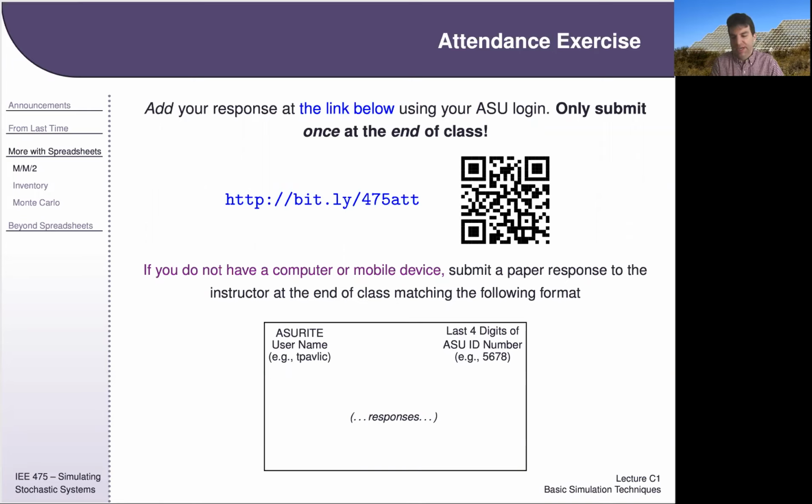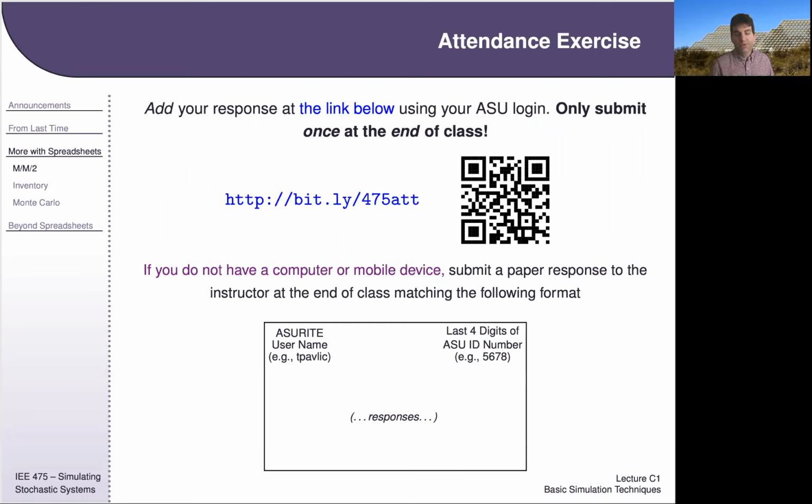Or I could say, what type of simulation, or what simulation term would you associate with them? You can either go to the URL or scan the QR code. Don't hit submit, just fill that in for the, I think, first question of the attendance assignment.